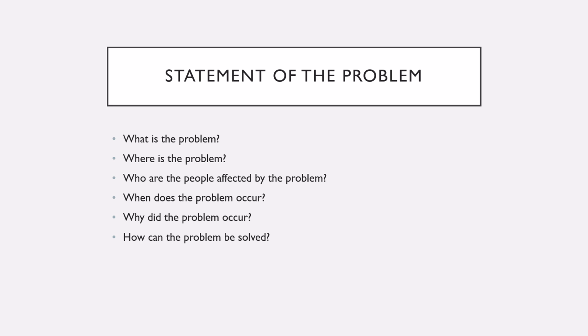Any research that will be undertaken, the starting point is talking about the problem. What is the issue? What is the problem? The problem may be a growing decline in employee commitment, or a growing decline in employee job performance or productivity.